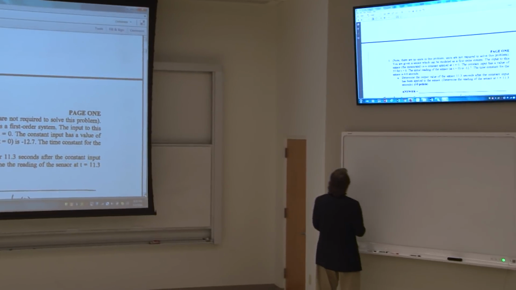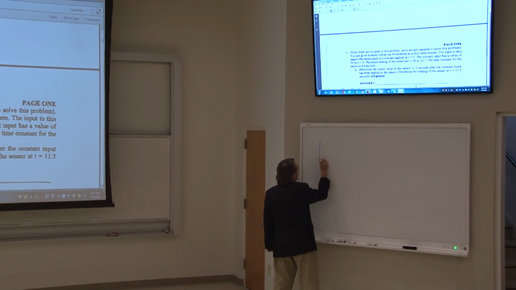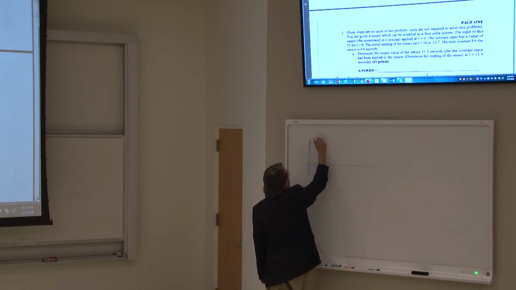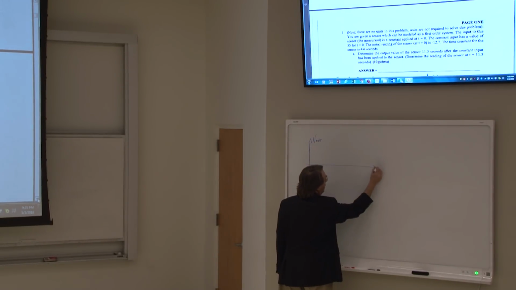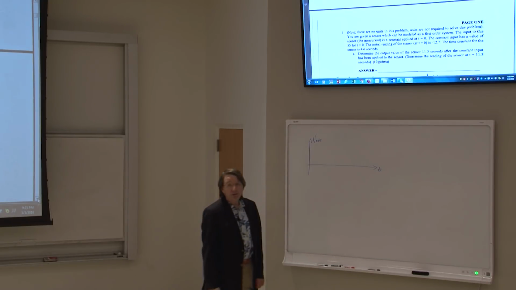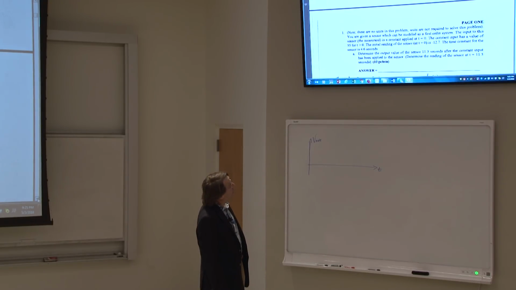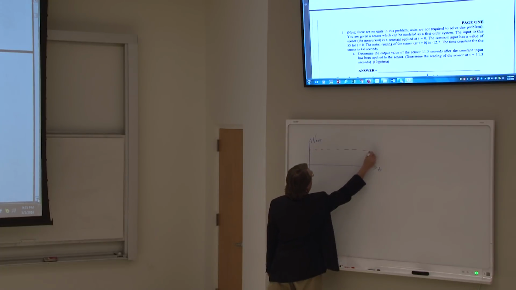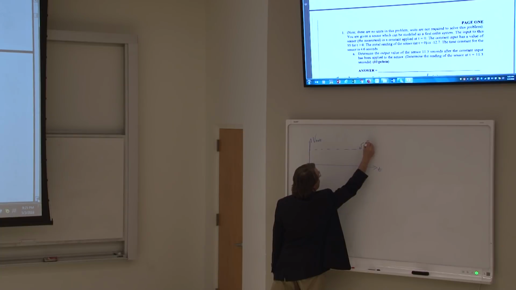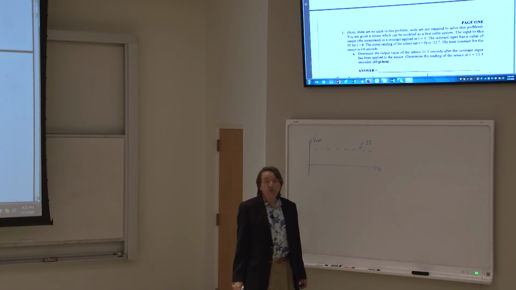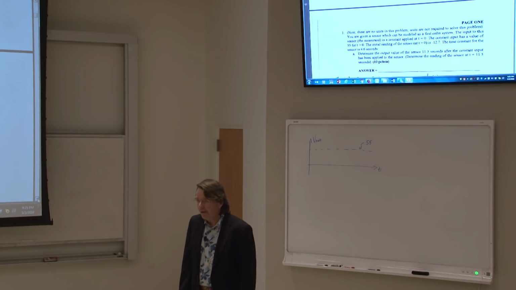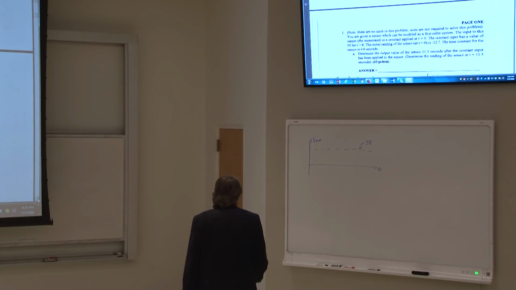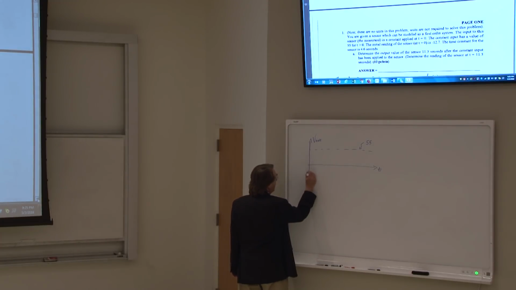So I like to just graph it. This is V out, and this is time. It says here that the constant input is a value of 55. My colleagues, what do I know about a first-order system? That it eventually gets to the final value, and it starts at the initial condition. So the initial condition is minus 12.7.